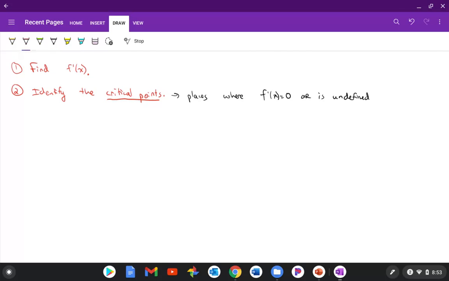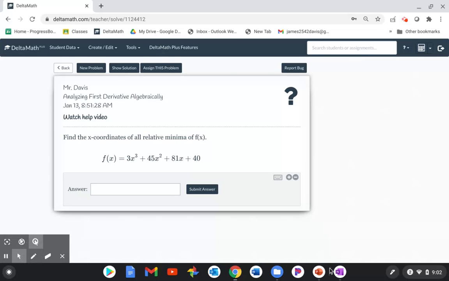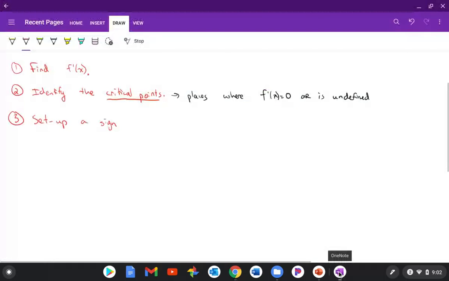After we've done that, we are going to set up a sign chart to identify intervals of increasing/decreasing.